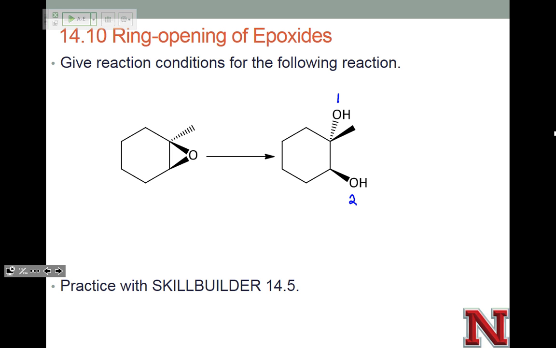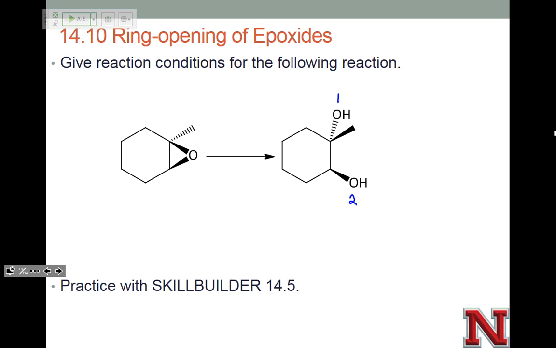And it's oxygen 2. How do I know that that's the oxygen that was originally from my epoxide? That oxygen did not change stereochemistry.